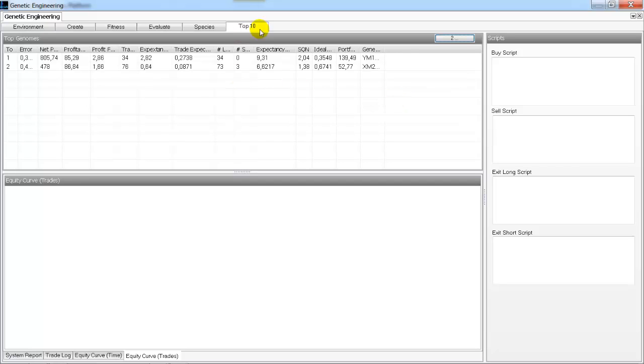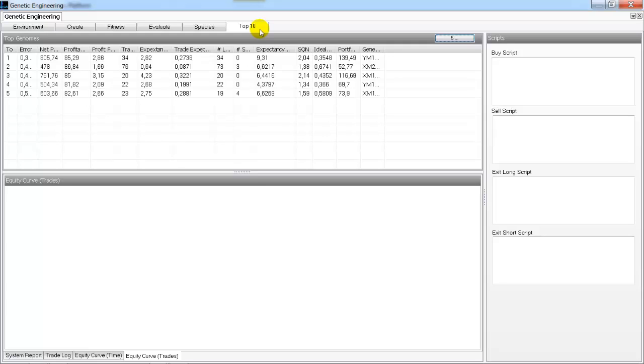Afterwards, you will go to the top 10 to evaluate the top 10 genomes of your final population, which is currently running. And now the most important thing is that you need to evaluate the latest population on your own based on all system figures which you need.